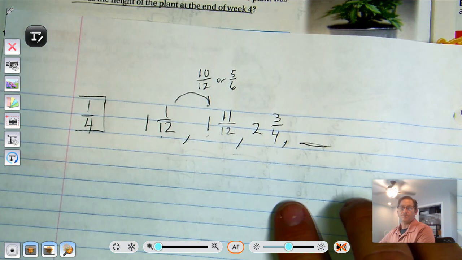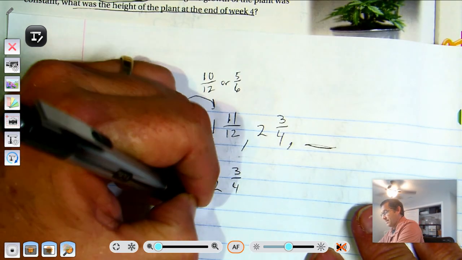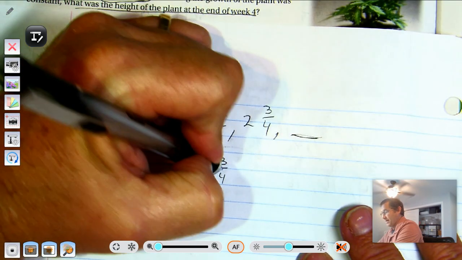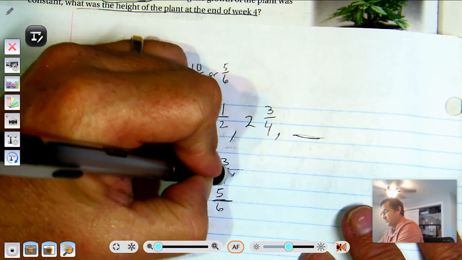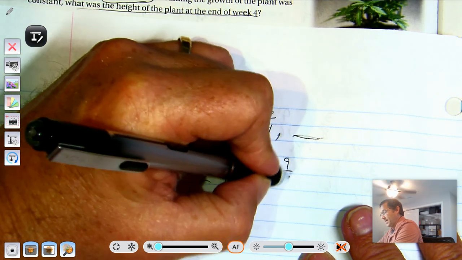Okay, so 2 and 3/4 plus 5/6. I know I can turn 6 and 4 both into 12s. So 2 and 9/12.